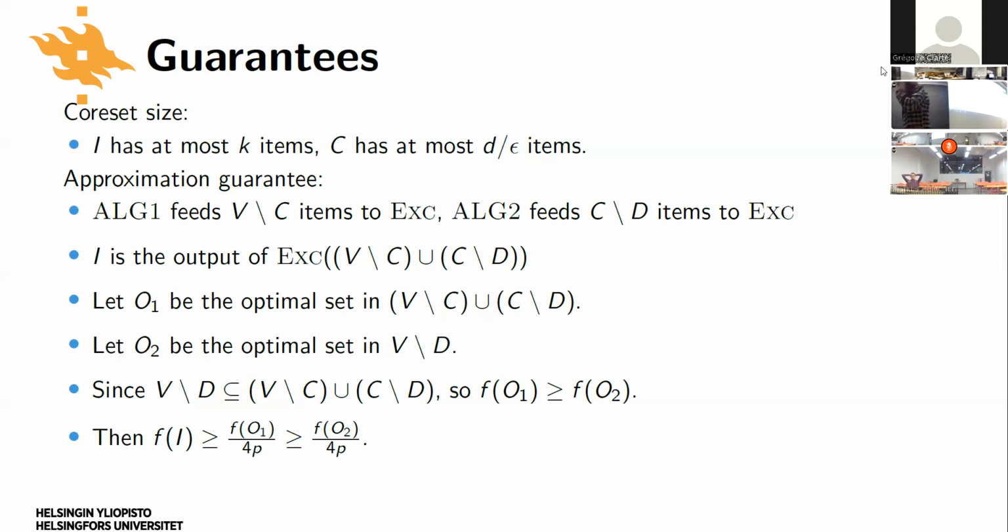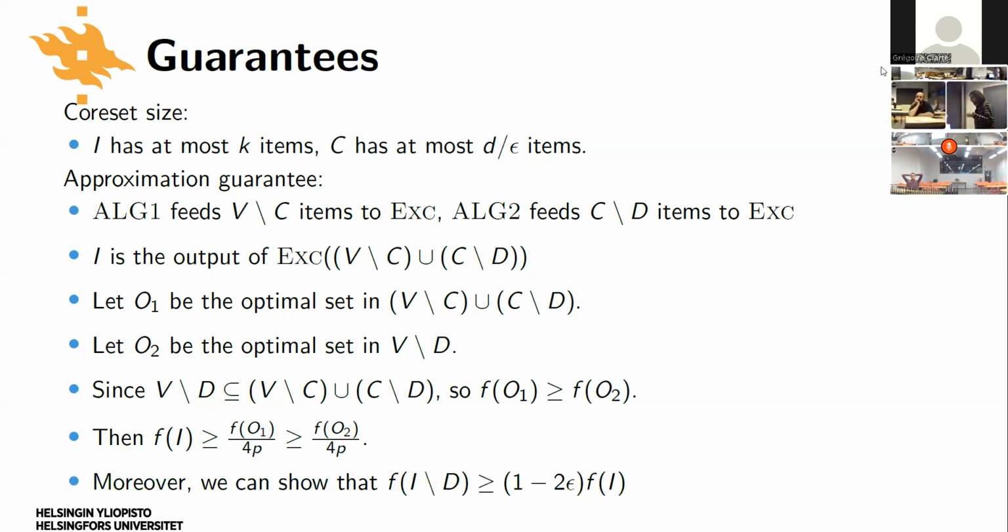Okay. But this is not what we actually return, because we don't return Fi, we return Fi minus D. But we can show that Fi minus D is actually 1 minus 2 epsilon times Fi. I'm going to spare you the details of how this is shown, but it relies on all the small details that we show in the algorithm.